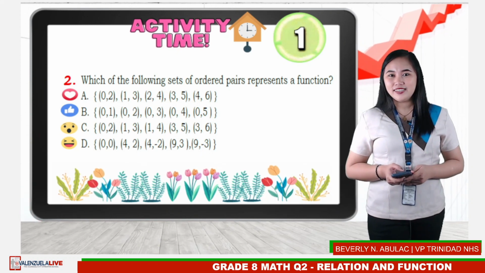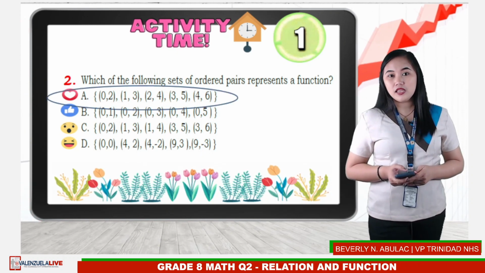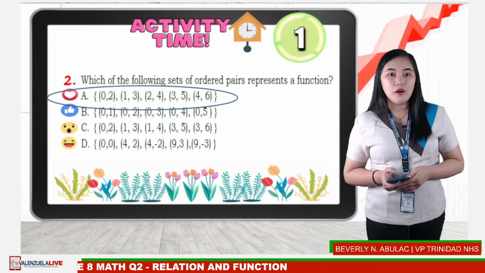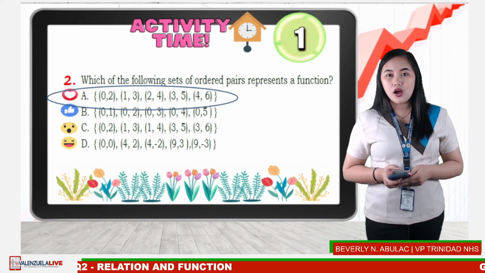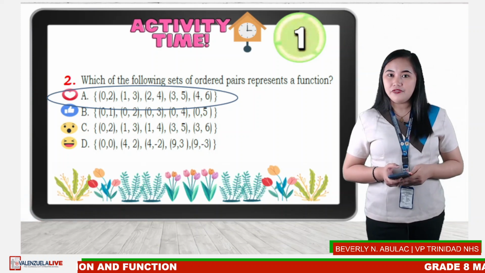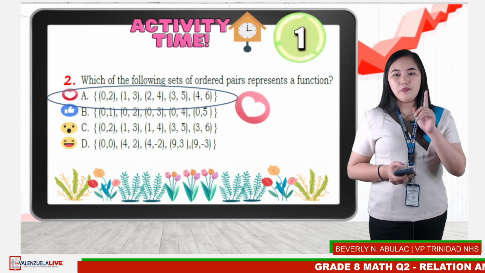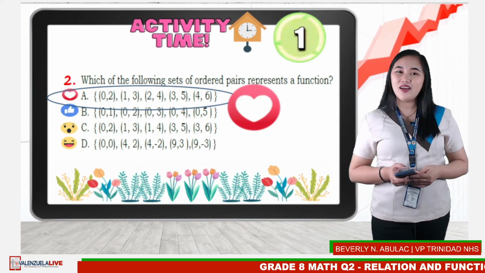Awesome! The answer is letter A. We have the quantity 0, 2, quantity 1, 3, quantity 2, 4, quantity 3, 5, and quantity 4, 6. Therefore, you should be able to press the heart react button.